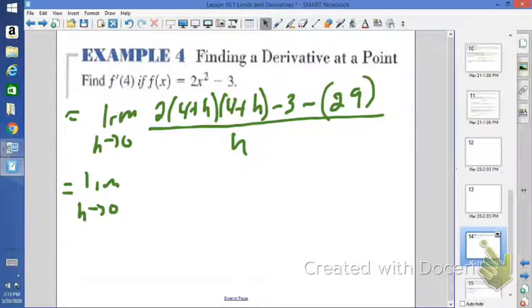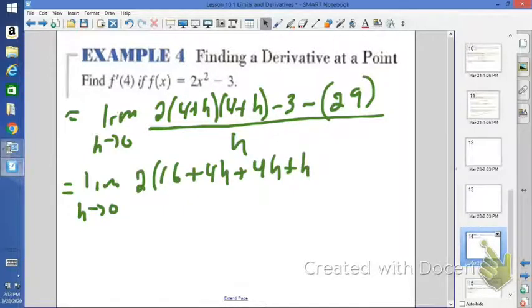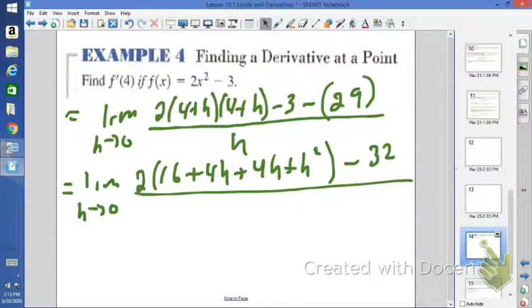So now we're going to have 2 times, so let's FOIL the 4 plus h. 4 times 4 is 16, plus 4h. The inners give us a 4h, plus h squared. And then we have a minus 3 minus 29, so it's going to give us a minus 32 all over h.